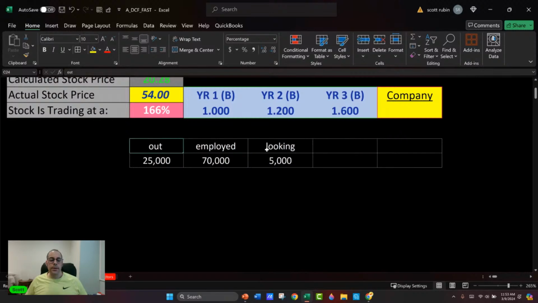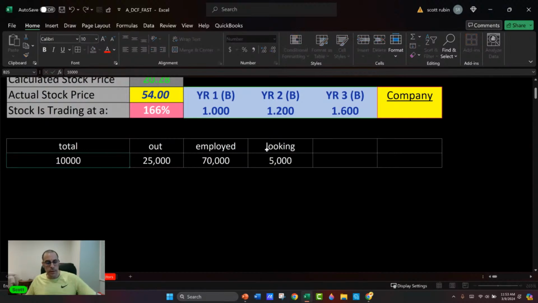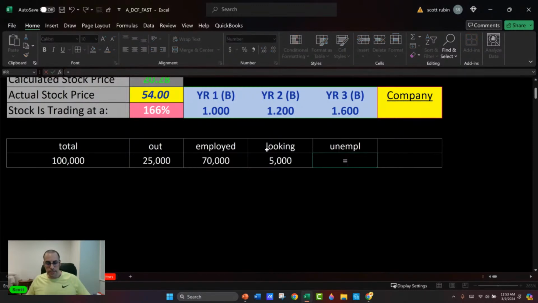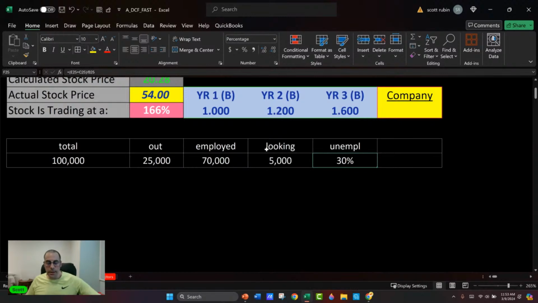So if there were originally, say, 100,000 people and 70,000 are employed, that means unemployed is 30,000, so 30% unemployed, if you include the 25,000 people who opted out of being part of the equation.